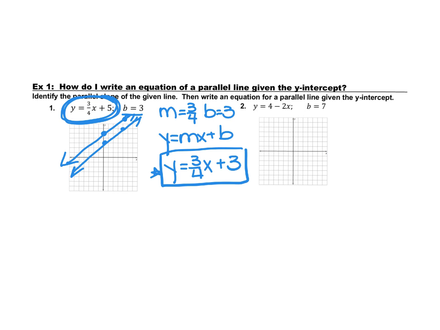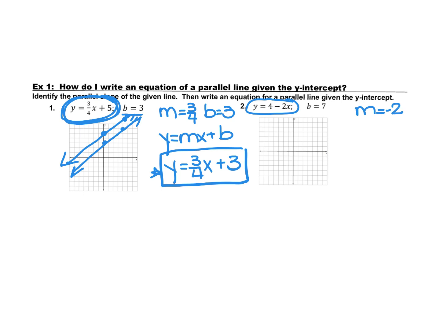All right, number 2, it says y is equal to 4 minus 2x, and we want to write an equation that is going to be parallel to this line, but it has a y-intercept of 7. So first of all, let's identify our slope. Our slope is equal to -2.